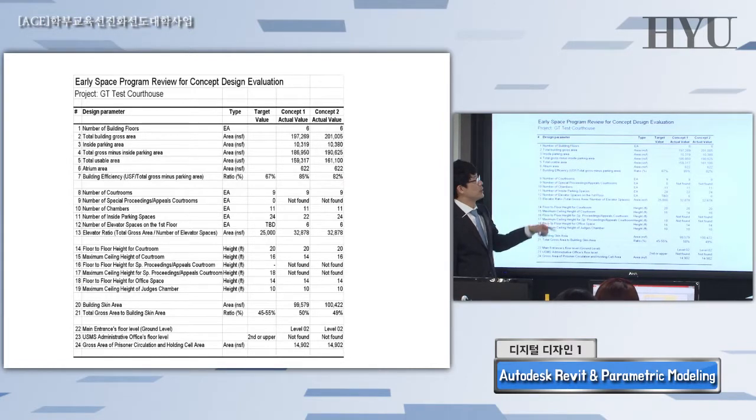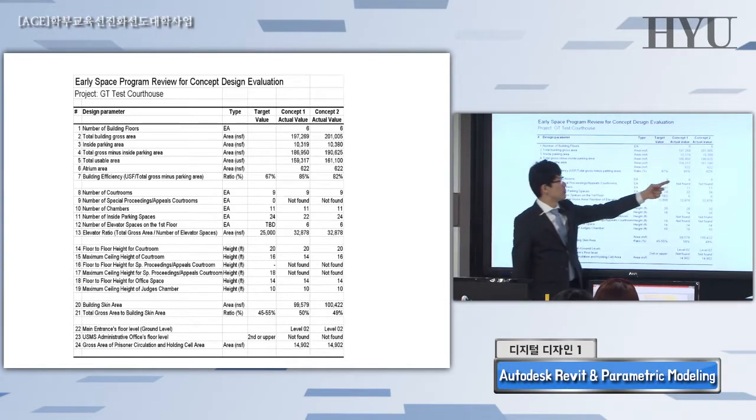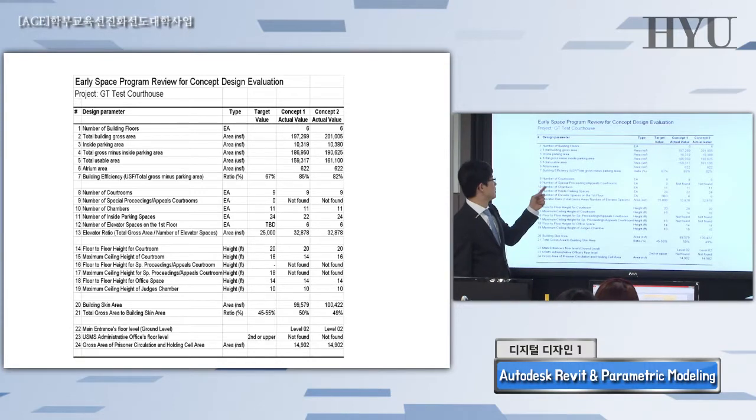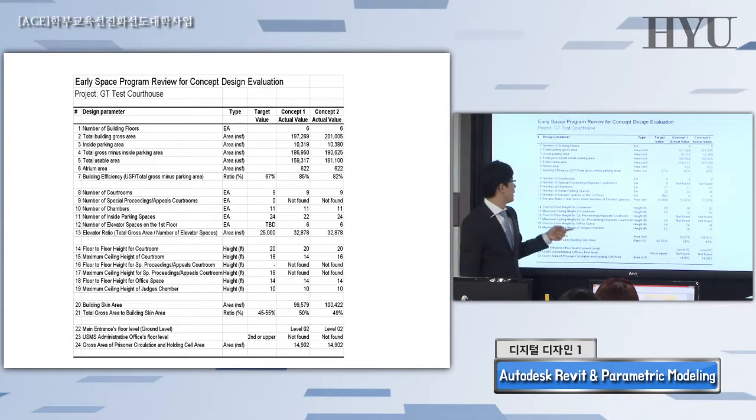This Excel file is auto-generated, not human-generated. What I mean is Revit or some similar BIM application automatically creates this one. This is computer-generated based on that BIM model. Revit knows the atrium area is 622, and it knows the number of courtrooms is 9, and the number of chambers and elevators in this building, because that is a BIM model.